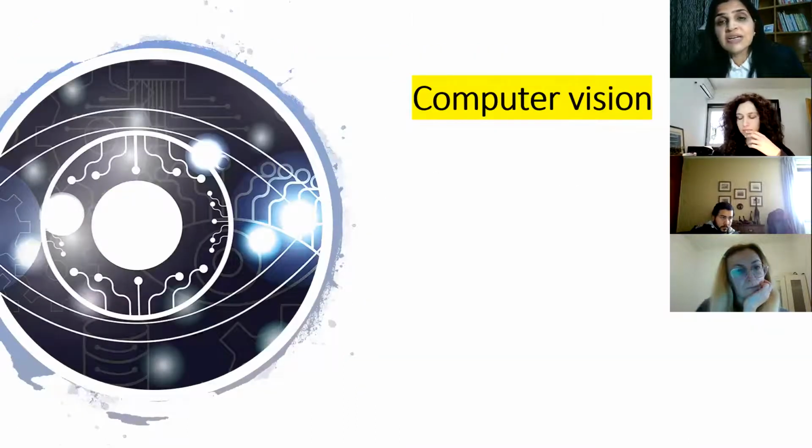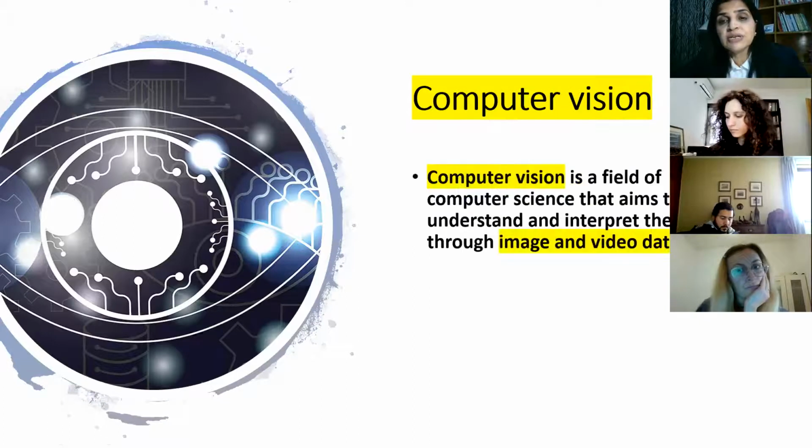Then we have the third technique, a method in artificial intelligence which we'll be talking about again and again, and that is computer vision. So what is computer vision? It is a field of computer science that aims to understand and interpret the world through video and image data.